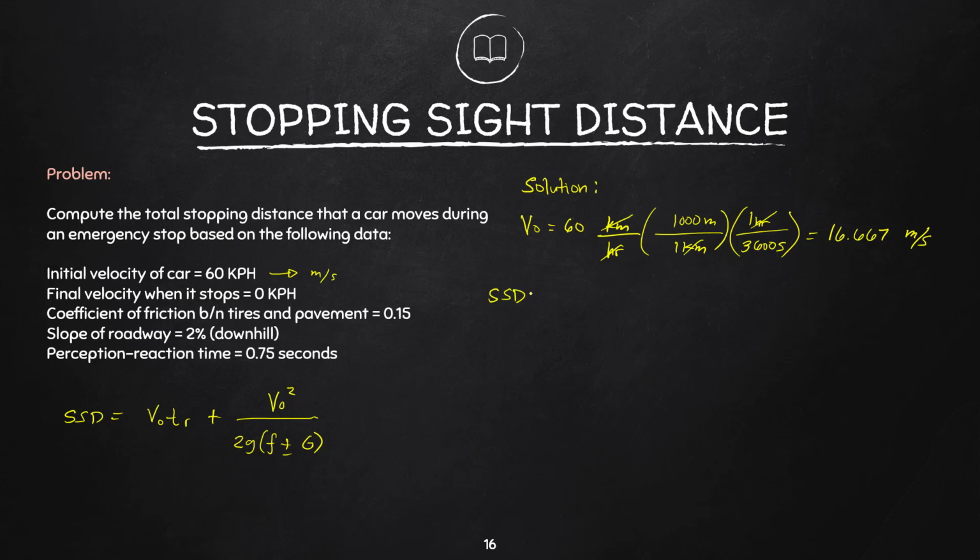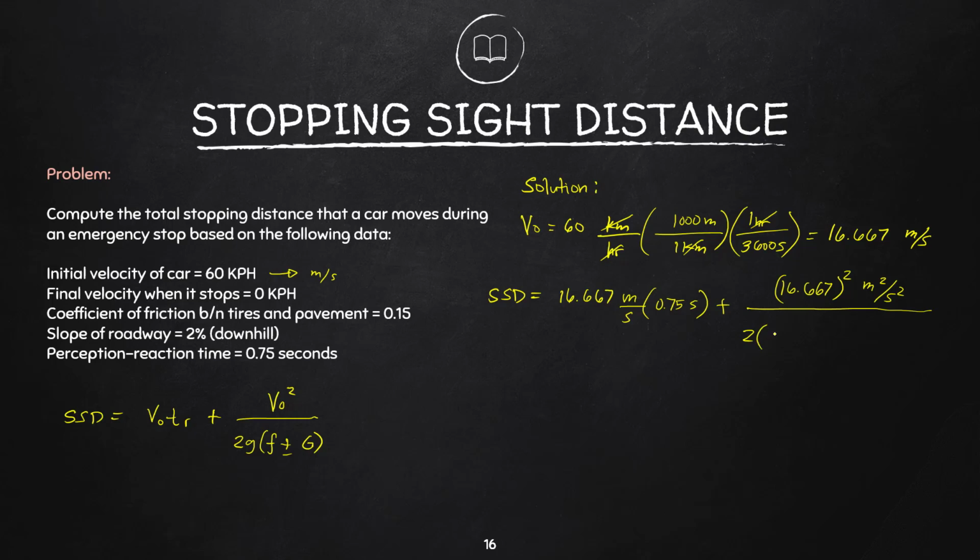That would be equal to 16.667. Your perception reaction time is 0.75 seconds. Let me show the cancellation of the units. 0.75 seconds plus, of course, your V₀ squared, or this would be 16.667 squared. If you square the unit, that would be meters squared per second squared, divided by 2 times g.